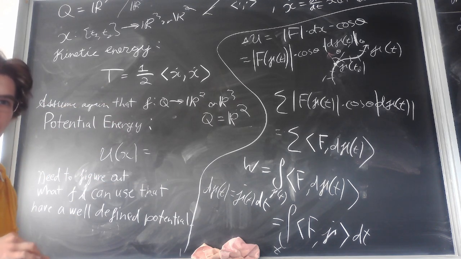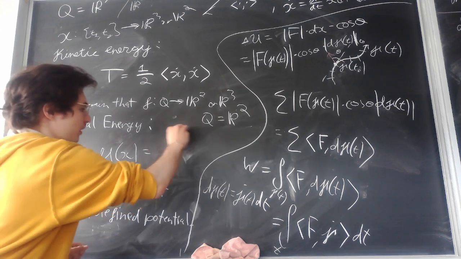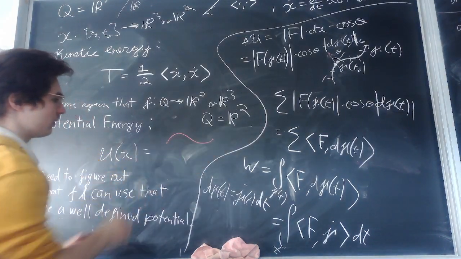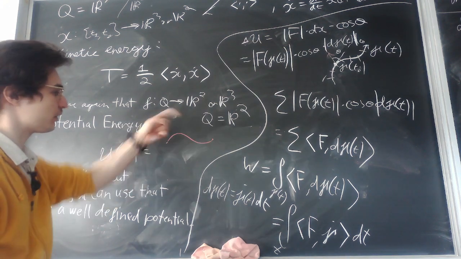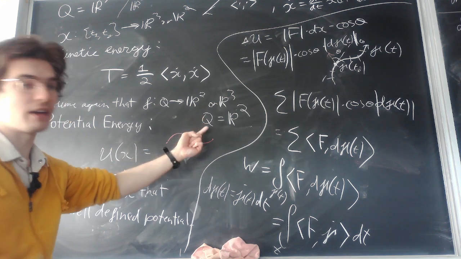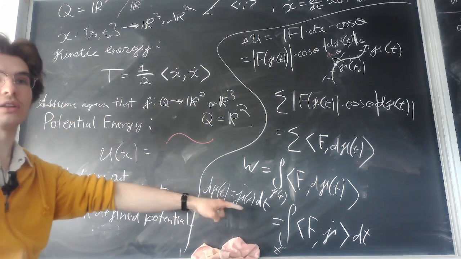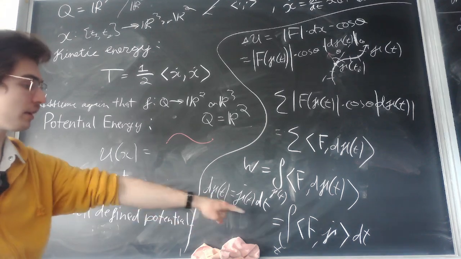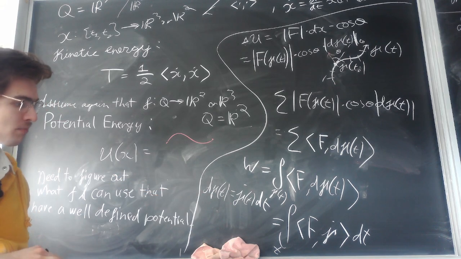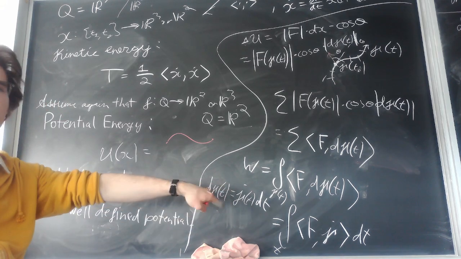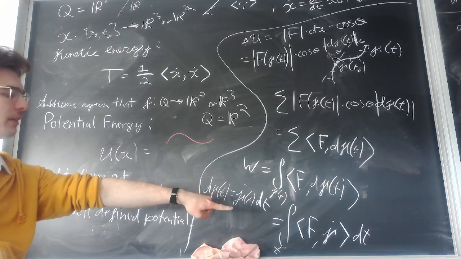Did that statement make sense? If I took the same path and went at constant speed, versus going the first half of the path really quickly and the second half really slowly, this integral will still be the same as long as I parameterize this correctly.